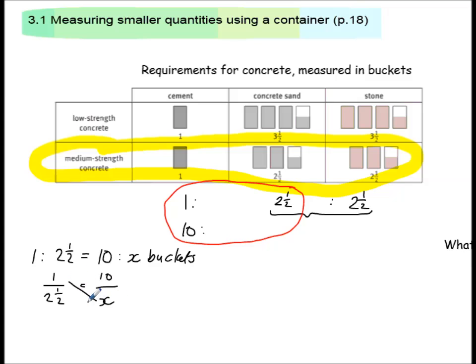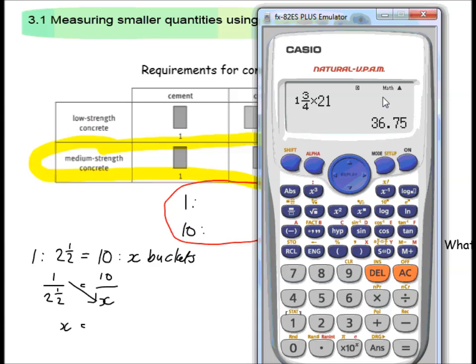Cross multiply again. 1 multiplied by X is X equals, again you have to go shift fraction button, and we've got 2.5, and we're going to multiply by 10, and that will give you 25.